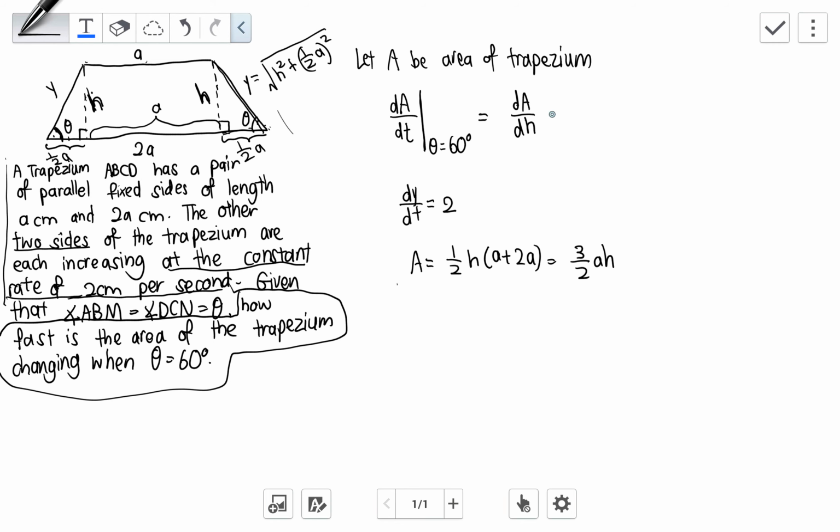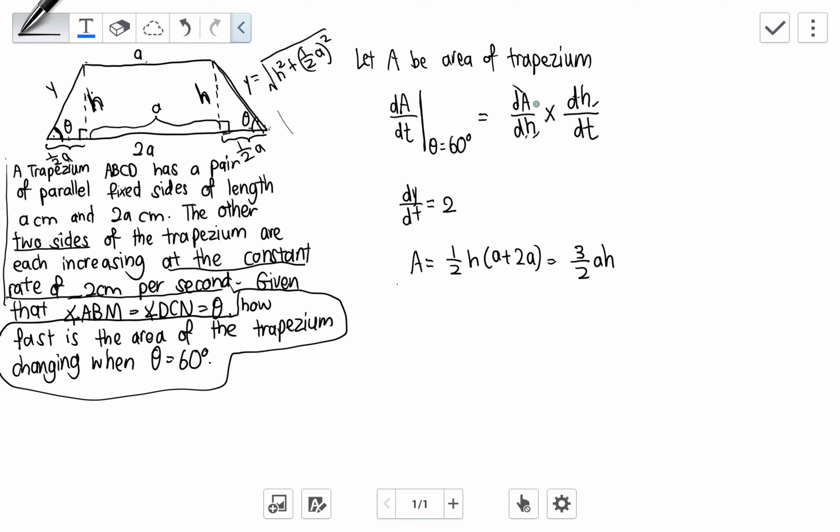So we want to find dA dh. How do we get to dA dt? dA is here, so dA must be on top, and then we want dt below. The connecting one is dh, so that this would cancel away with this, and then we'll get back to dA dt.